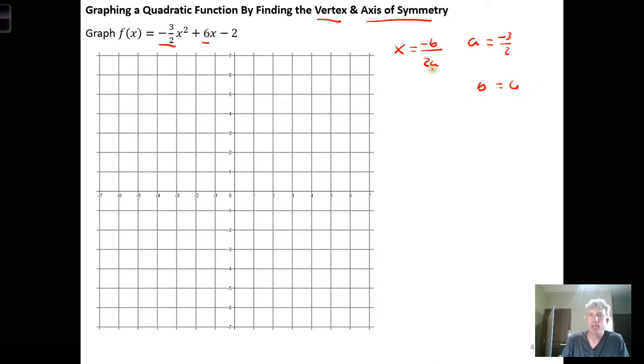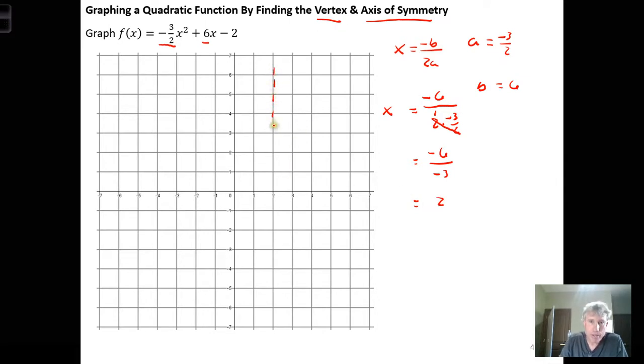So I can replace the b and the a with the 6 and the negative 3/2. We get x equals the opposite of b divided by 2 times the negative 3/2. 2 divided by 2 is 1, so we get negative 6 over 1 times negative 3, which is negative 3, so x equals 2. So our axis of symmetry is at x equal to 2.